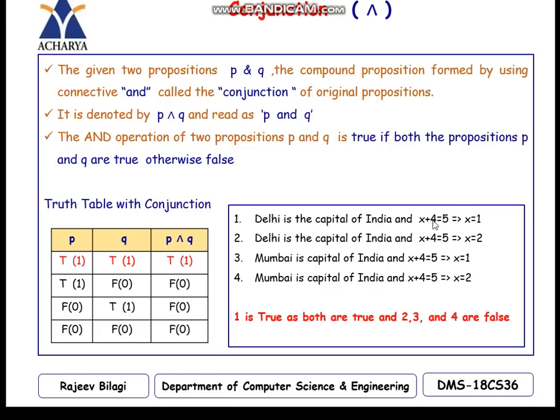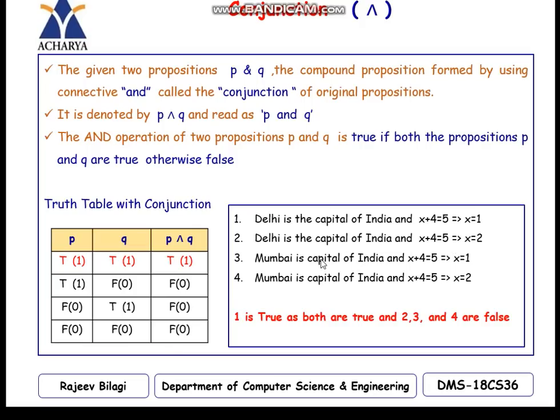This is one statement, and say this is P and this is Q. So in the first scenario, both the statements are true. Correct? Now look at the second one. Delhi is the capital city of India, which is true. But x plus 4 is equal to 5, which implies x is equal to 2. This particular statement is false. So if any one is false, then it is false.